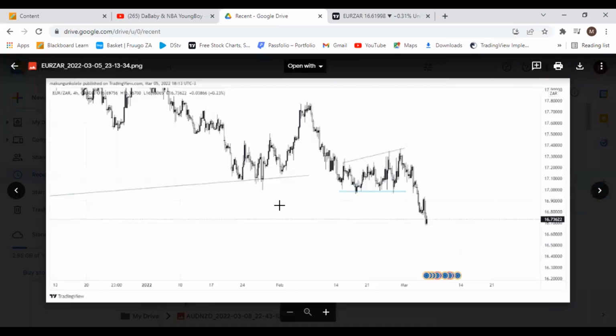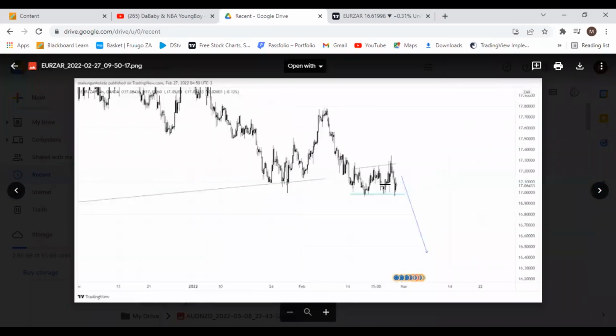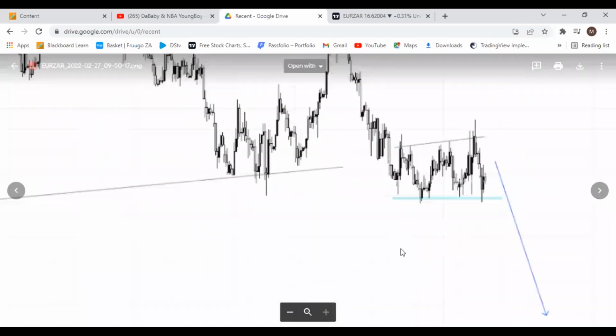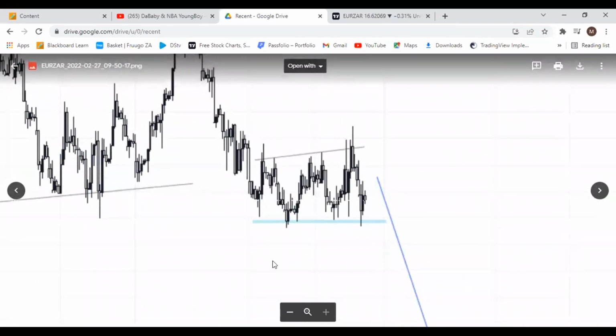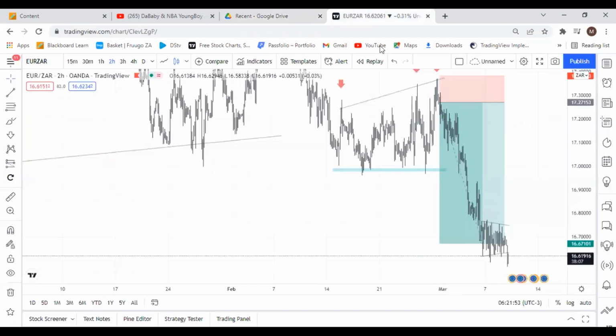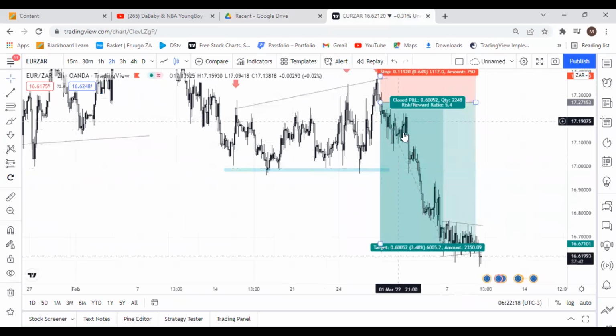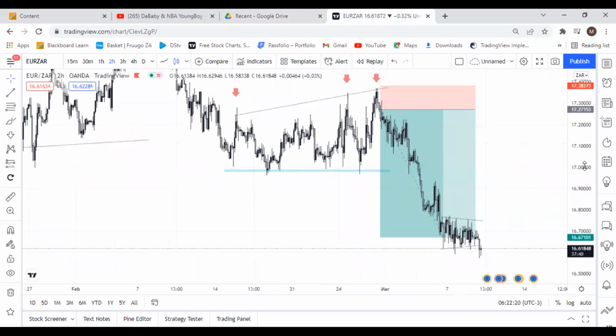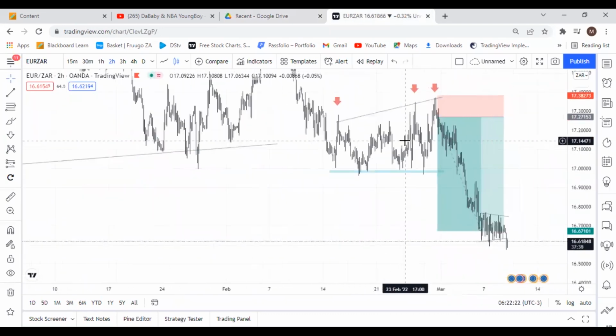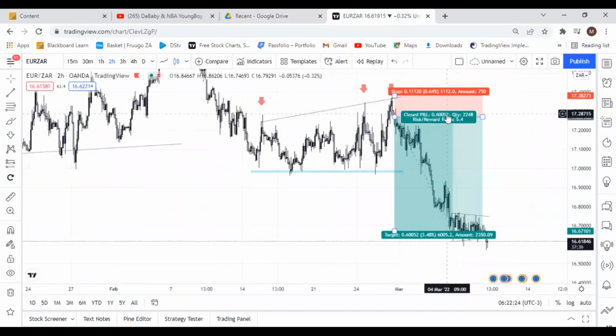Let me just get a clear picture. So this was the flag that I was just talking about, right? 1, 2, 3 touches, and then prediction of it selling off. And as you can see, it sold off quite aggressively without going to our stop loss.